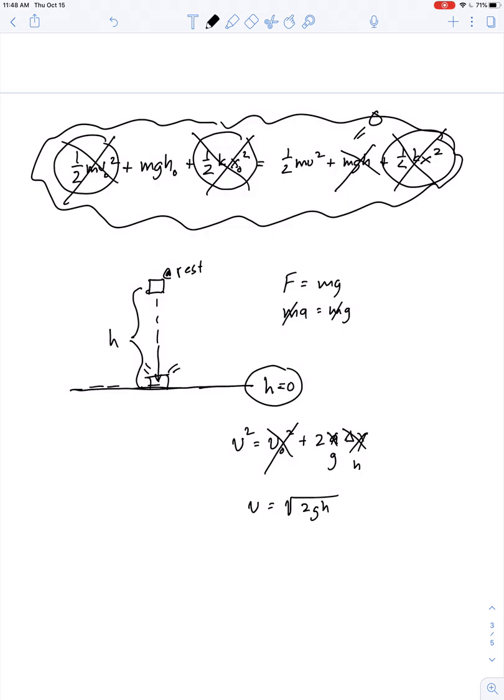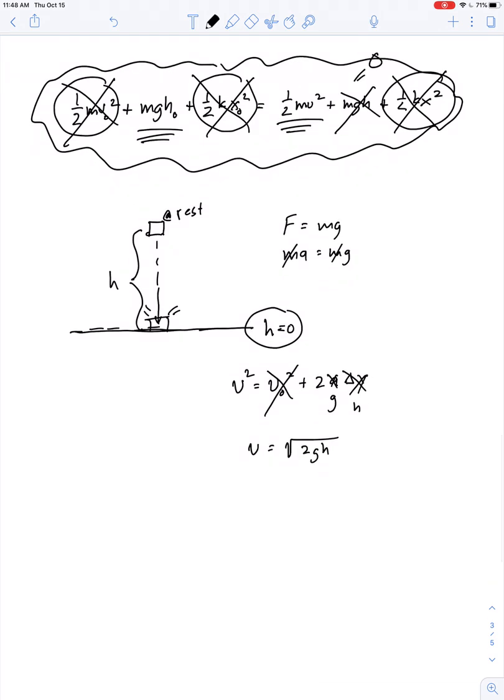So we just have an equation that says mgh initial equals 1/2 mv final squared. mgh equals 1/2 mv squared. Mass cancels out. We multiply both sides of the equation by 2, take the square root of both sides, and what do we find? V is the square root of 2gh.